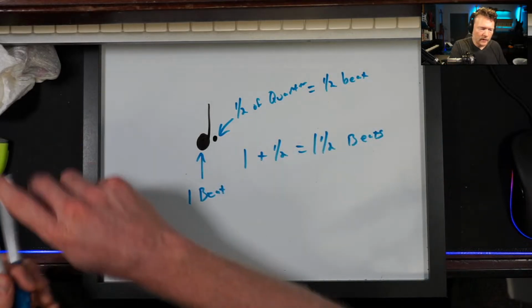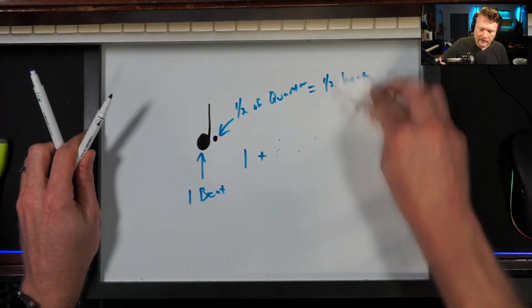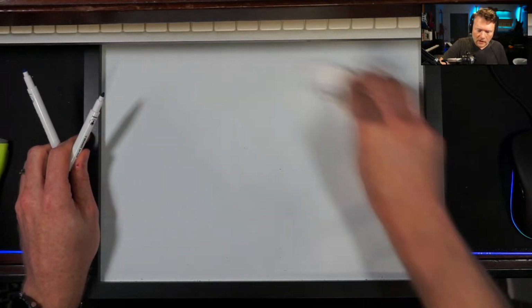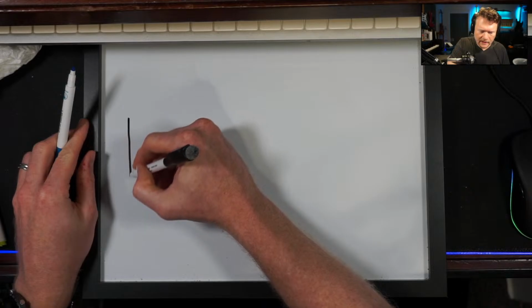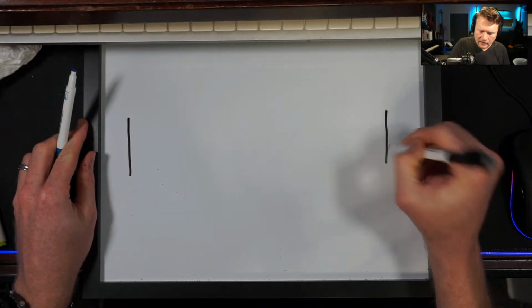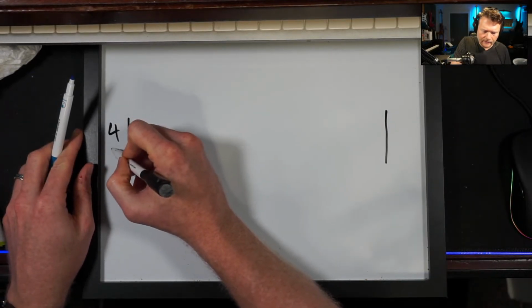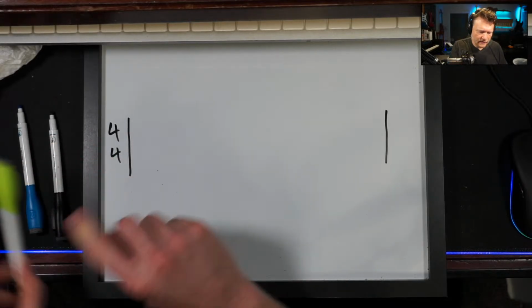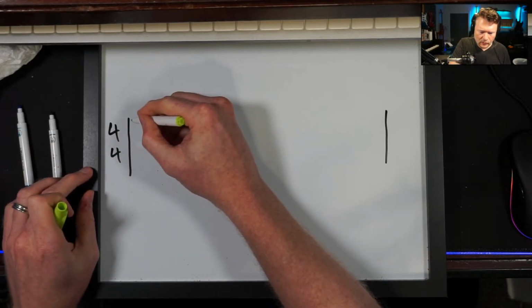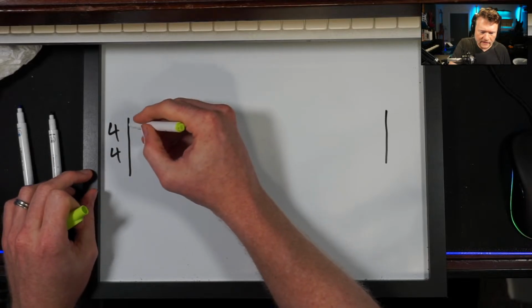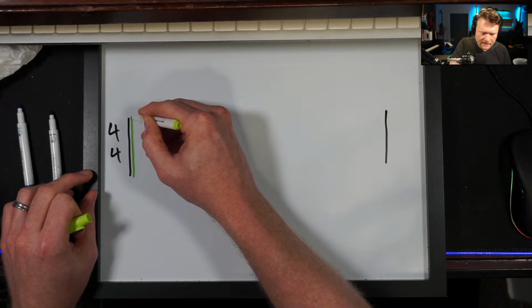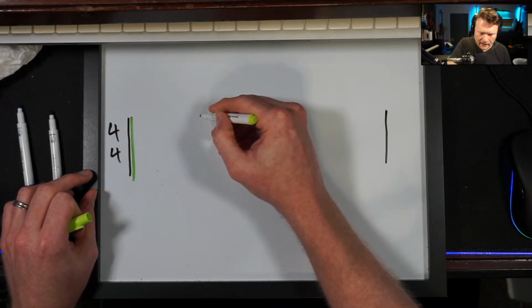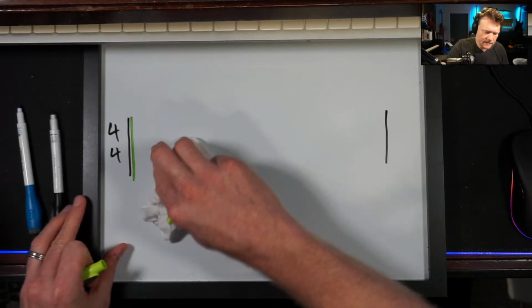Now let's look really quick at this in context of a measure. On a measure, we talked about this last week. This is going to be a 4/4 measure, so there's 4 beats here, and I'm going to draw these invisible beats with this green marker.